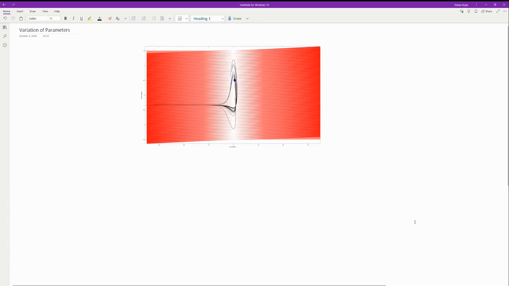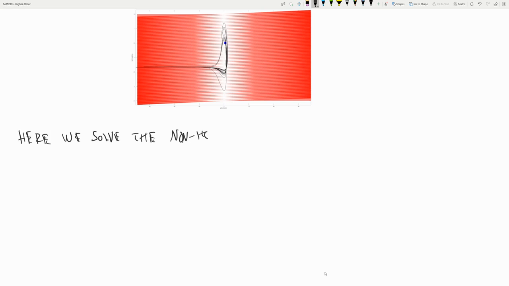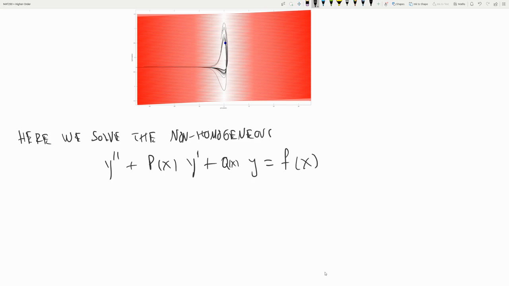Okay, now let's talk about the variation of parameters method. Here we solve the non-homogeneous equation y'' + p(x)y' + q(x)y = f(x), some forcing f.